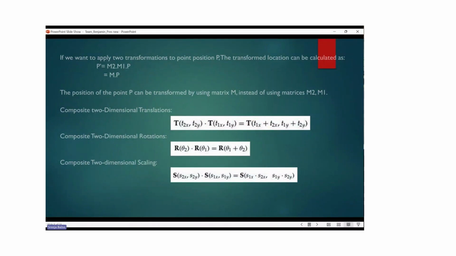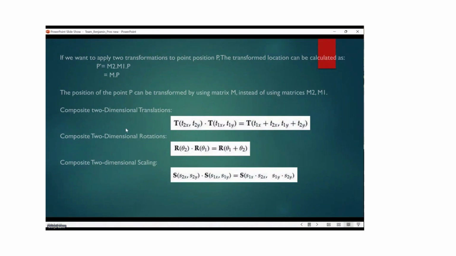For example, we first perform scaling and then rotation, and the final output will not be the same as the reverse. Let me take M1 and M2 as the two operations that we are performing, and the final new plane would be P dash. The operation M1 M2 into P is not at all equal to M2 M1 into P.